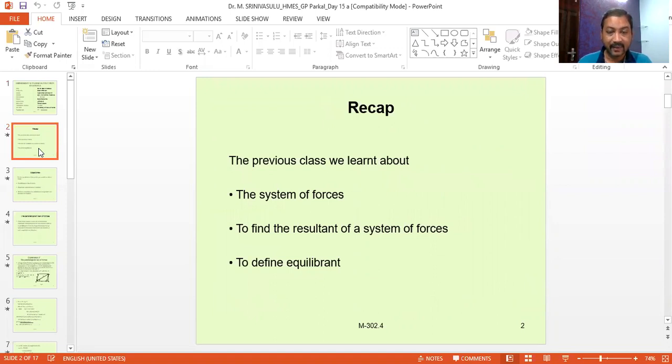Before that, recapping the previous lessons, in the last classes we discussed the system of forces and how to find the resultant of a force system, and we defined the equilibrium and also learned the conditions for equilibrium.